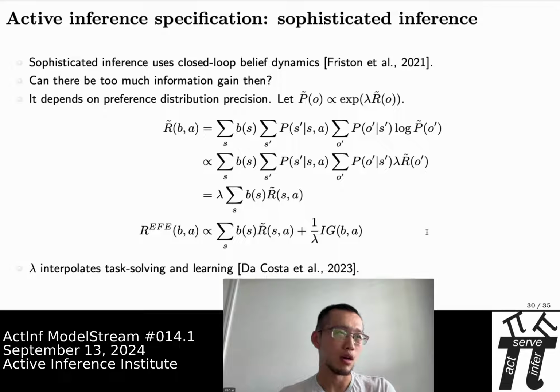So essentially, the lambda temperature term interpolates between Bayes optimal policy for reward seeking behavior versus information seeking behavior if you have low lambda. And this essentially makes sophisticated EFE a strict generalization of the Bayes optimal policy.